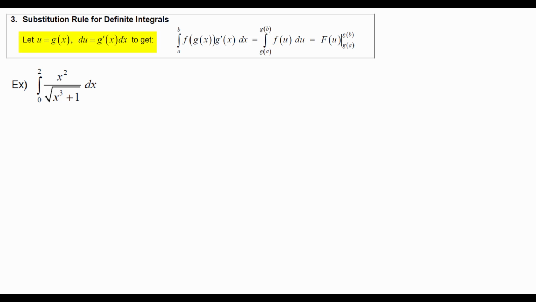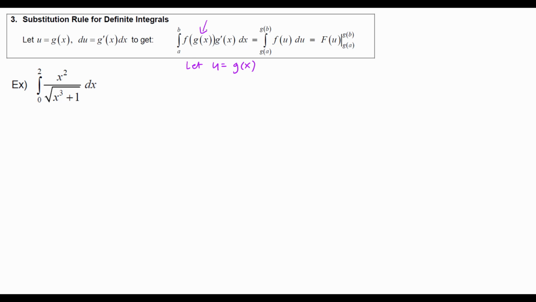Let u be g of x, and du is g prime of x dx. So that if we have a definite integral from a to b of f of g of x, g prime of x dx, we will let g of x be u, like we always did.